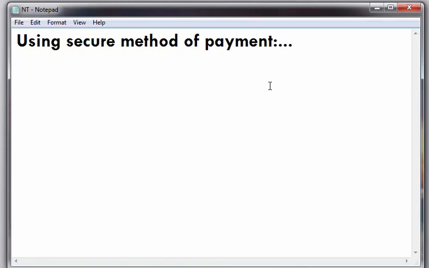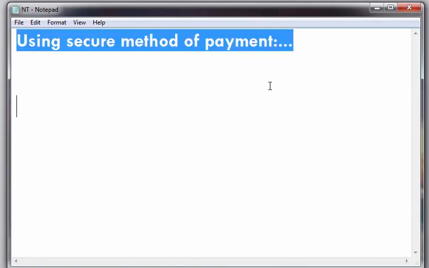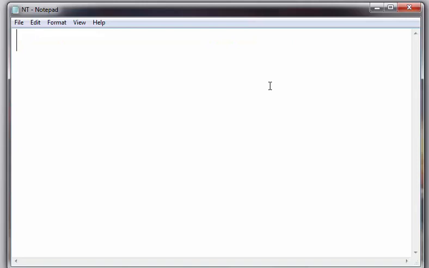Then make sure that you're using BL scan in order to get the remaining part of your money before you ship the original document. Because if you ship the original document without getting paid, the buyer might not pay you at all. And another one is that you make sure you always use what I call LC. I won't be able to explain LC in full detail today, but maybe in my next video I will.